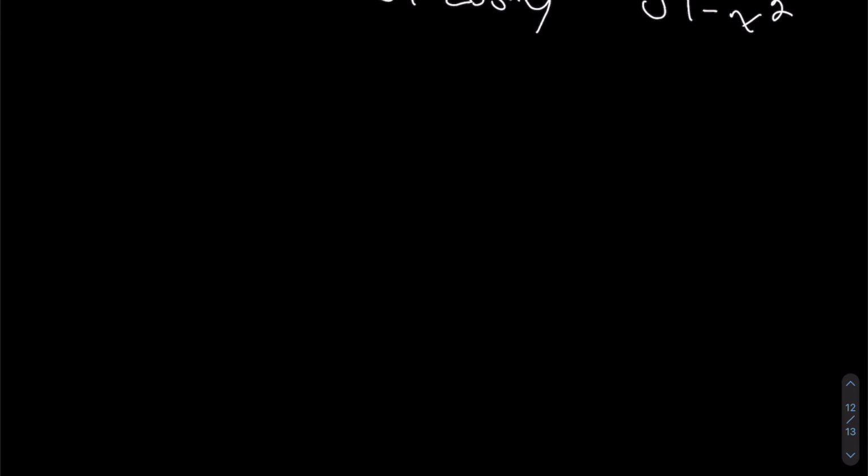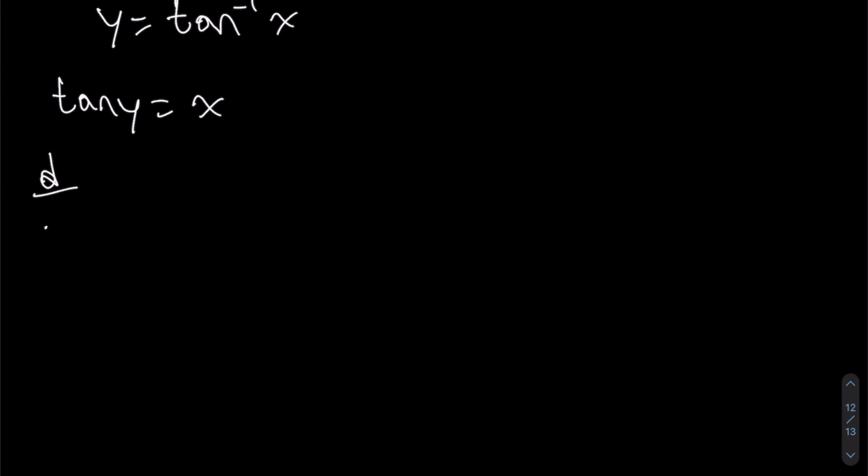Okay, and now last but not least, we have tan negative 1. And I'll do it the exact same way. So y equals tan negative 1 of x, which means tan of y equals x. I take the derivative of both sides.